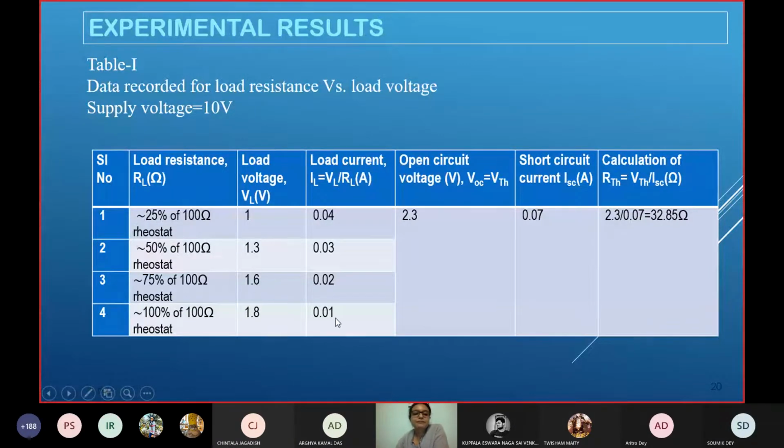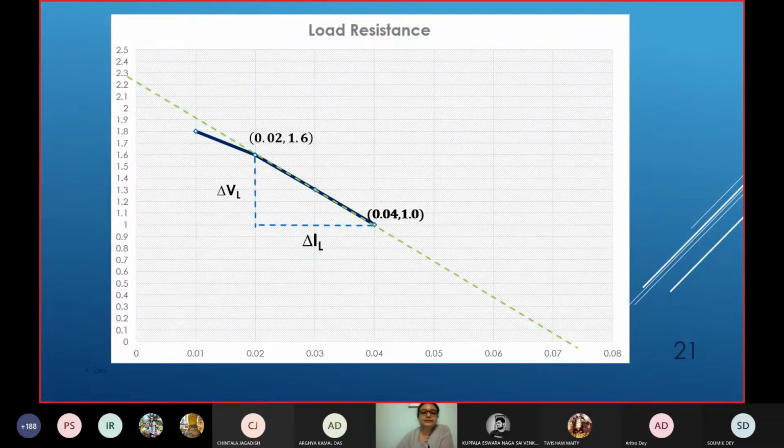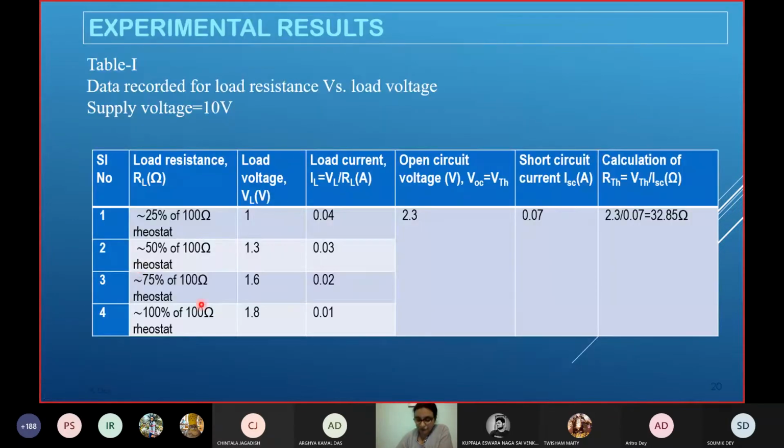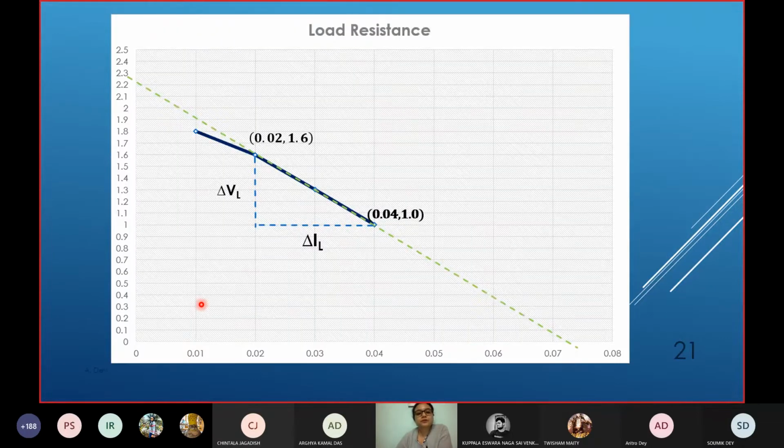Data we have already written. Now the graphical part. We have taken all the 4 data points that we have tabulated here. Now with this we will plot. If we extrapolate this, it will cut the y-axis at near about 2.25 volt.